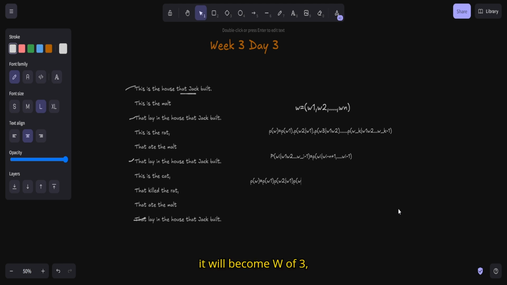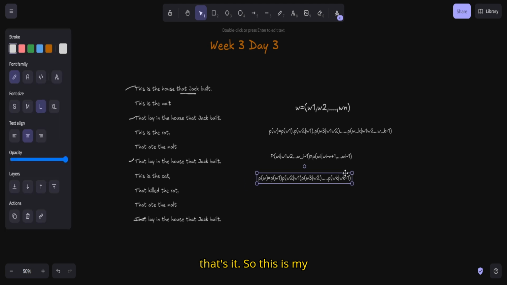It will become P of W3 given W3 minus 2 plus 1, that is W2. So on, if we go, it will become P of WK given WK minus 1.